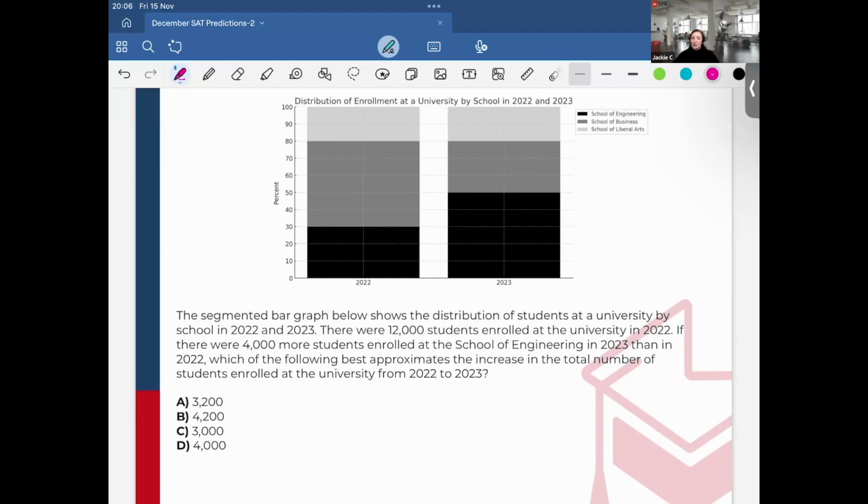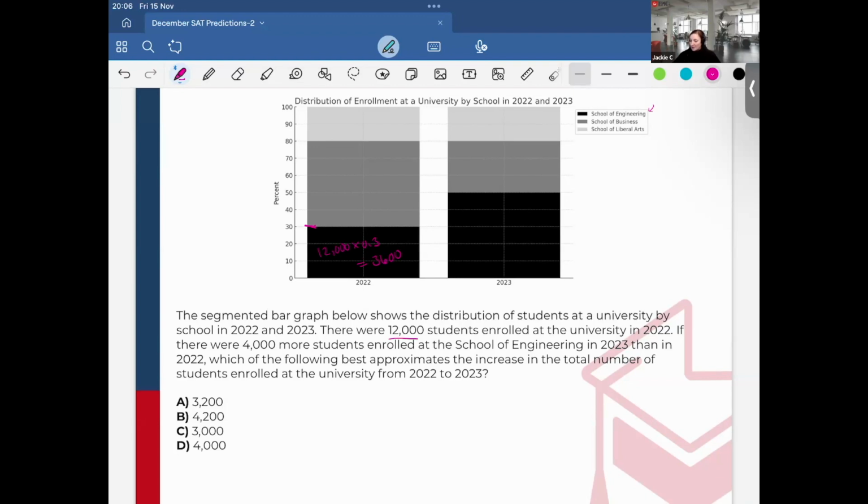So my first mission, we have to read the graph a little bit, but I can see this is at 30%. So that means if there were 12,000 students enrolled, 12,000 times 0.3 will tell me how many engineering students there are. So here there are 3,600 students enrolled in the School of Engineering.